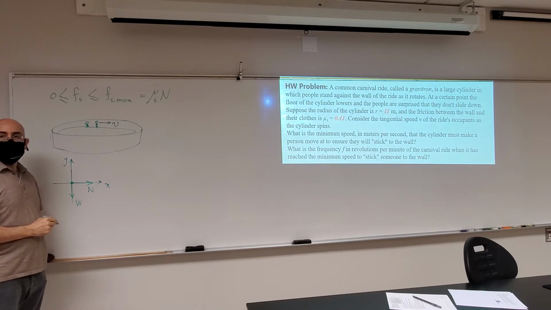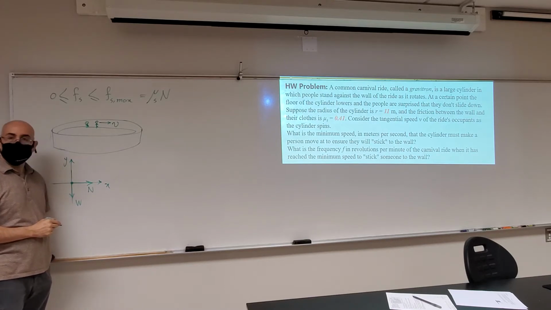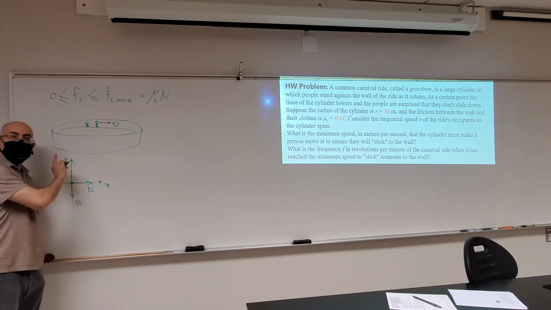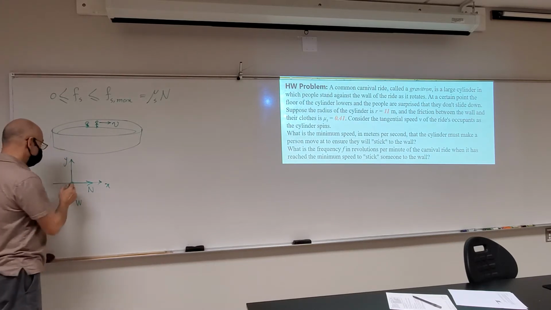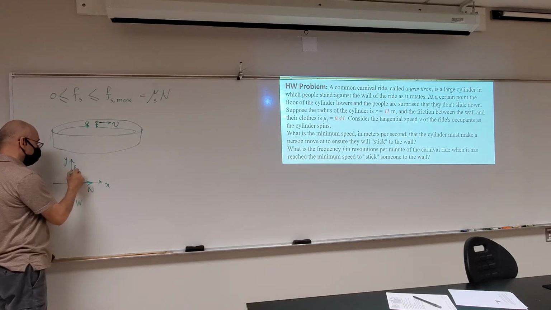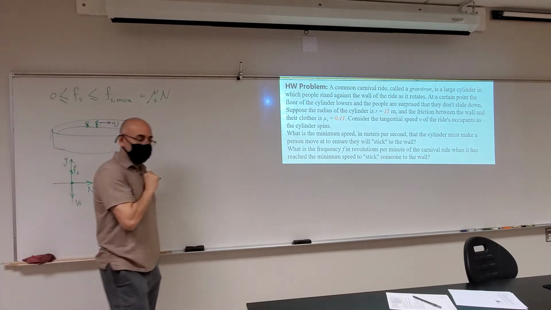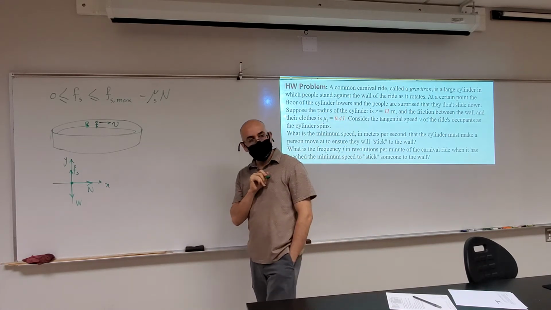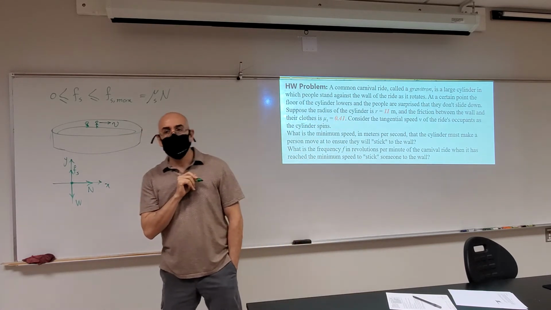And friction? It's going up, because the person has weight, it has a tendency to move down, so the friction appears in the upward direction. This is Fs, and it's static friction because the person is not moving against the wall.